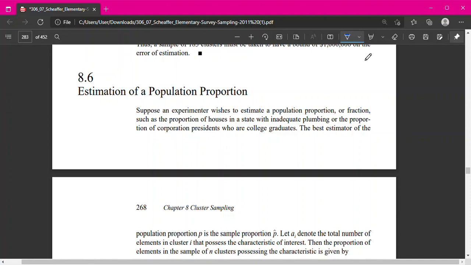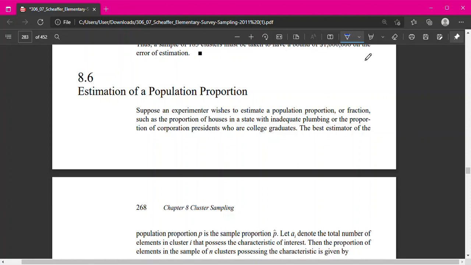It comes from the binomial distribution, which is the outcome. We have only two outcomes, which is success and failure. It depends on our variable of interest or characteristic of interest. That is the proportion.